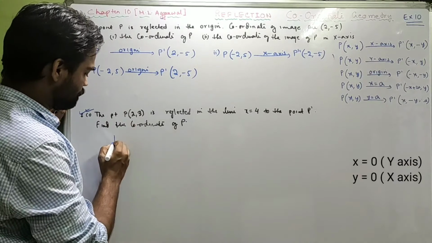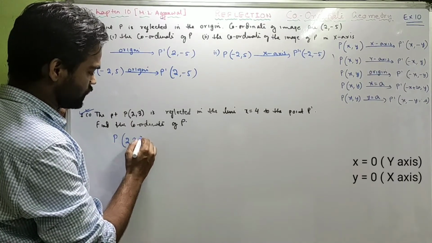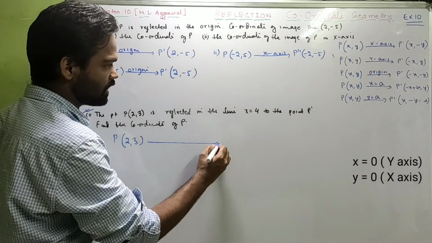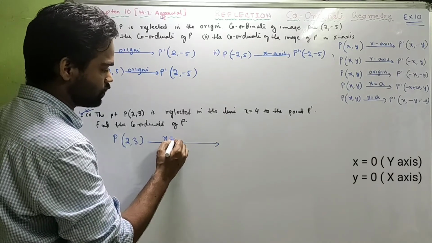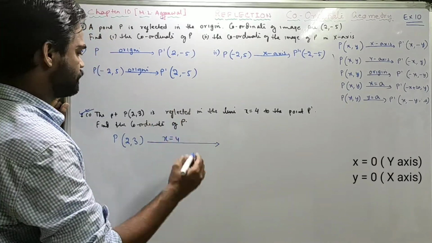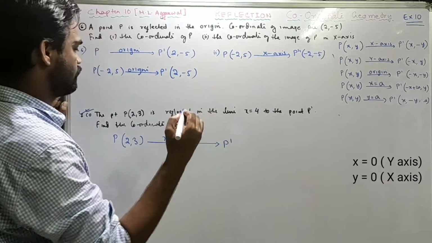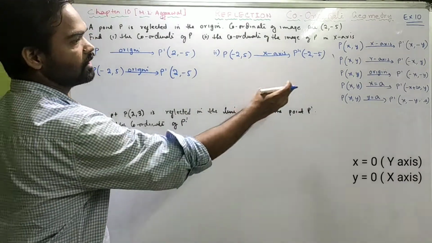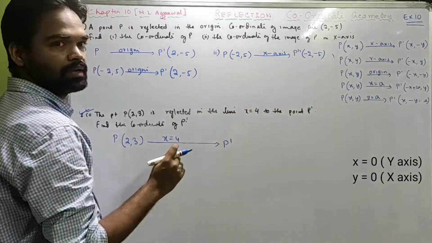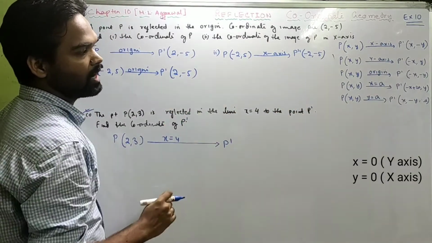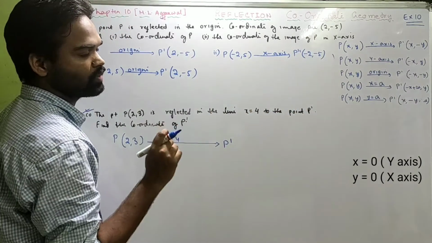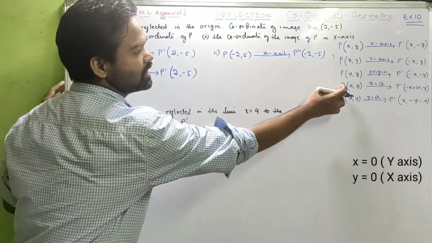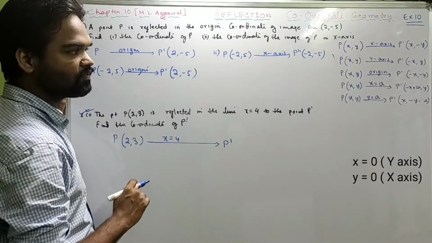Now see 7 part 1. The point P (2, 3) is reflected in the line x equals 4 to the point P dash. Find the coordinates of P dash. Look carefully over here. x equals a. When a point P (x, y) is reflected in the line x equals a, then P dash is what? You change the sign of the x coordinate plus twice of a.